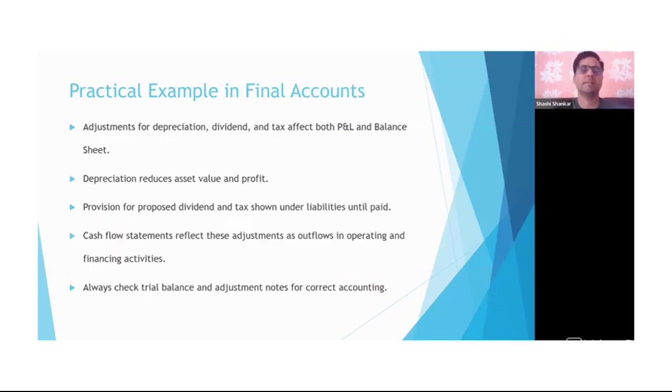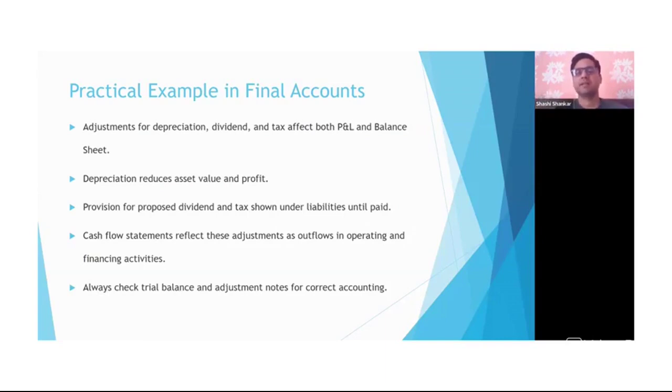Now moving to the next, the practical examples in final accounts. Adjustments for depreciation, dividend, and tax affect both profit and loss and the balance sheet. On one side, if it is an expense, it is definitely on the debit side of the profit and loss account. Similarly, it is deducted from the assets if it is depreciation.